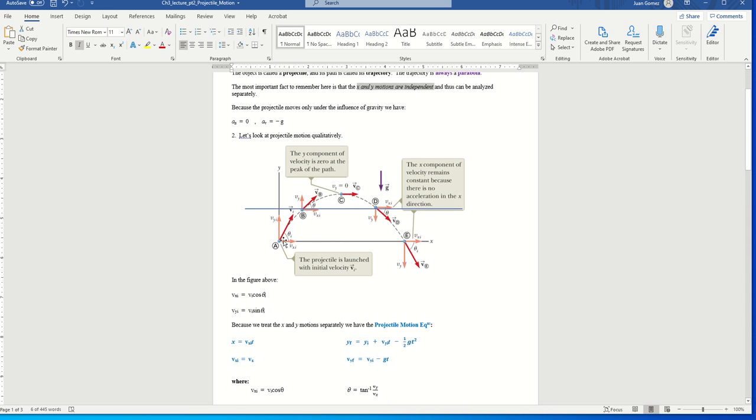This projectile is launched into the air. It follows this parabolic path, and then eventually it ends up returning to the same height from which it was launched. Notice in this figure that the velocity vector v, the red vector, is changing as the projectile rises, because gravity is working against it, causing its y component to slow down.